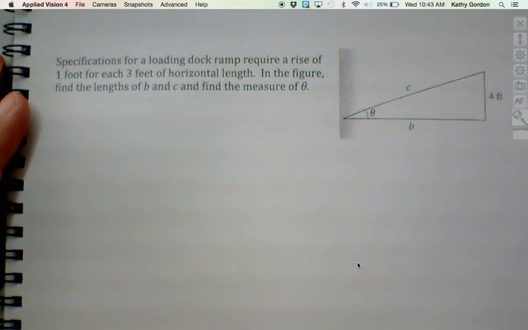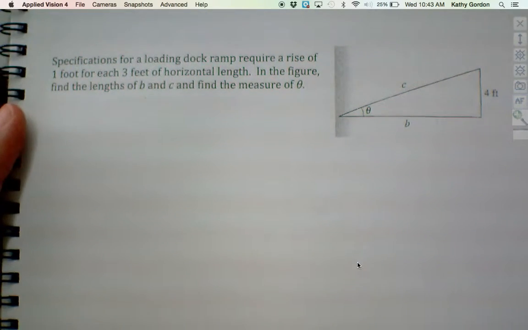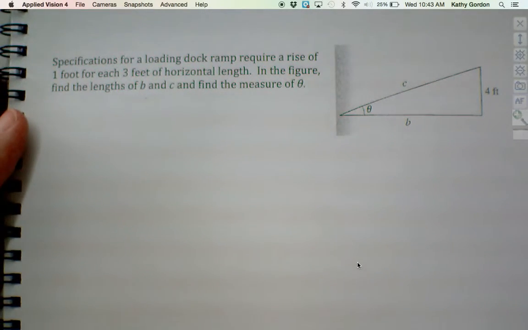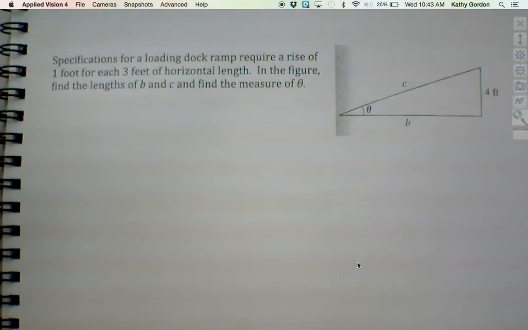We're told that the specifications for a loading dock ramp require a rise of 1 foot for each 3 feet of horizontal length. In the figure, find the lengths of B and C and find the measure of angle theta.